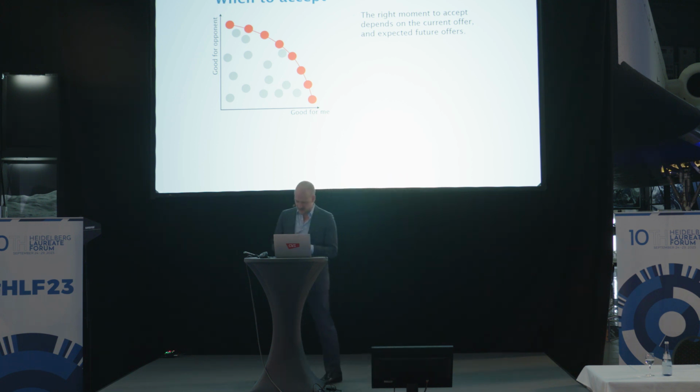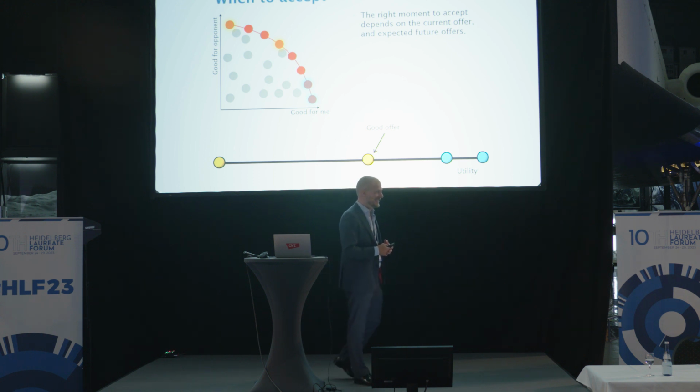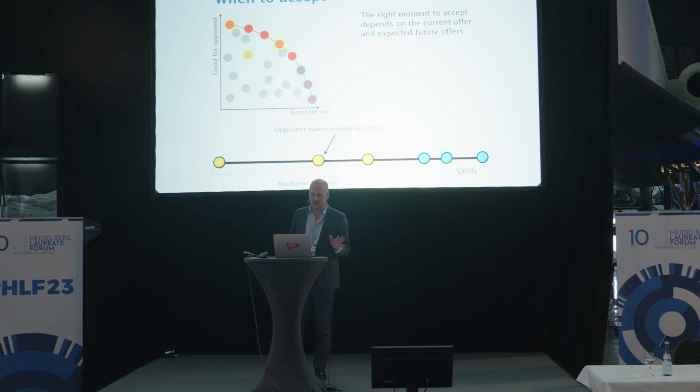For instance, suppose I start with a good bid for myself, and the opponent starts in their corner. This is very typical, right? And we make a small concession, and then the other one makes a huge concession toward us. Okay, that's a good start. So we continue with a small concession, and then something weird happens. We get an unfortunate bid. And so what's going on here?